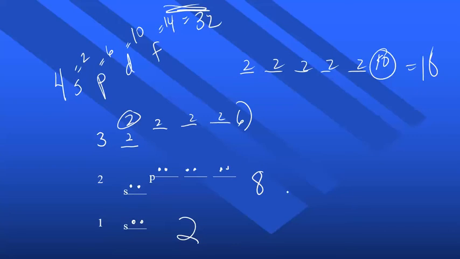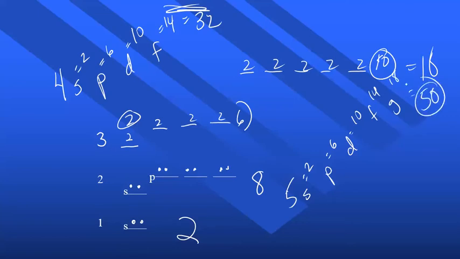How about the 5th floor? It's going to have, start in the beginning, S with 2, P with 6, D with, F with, G with, total of 50.